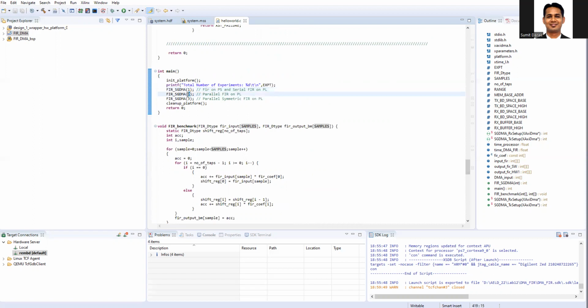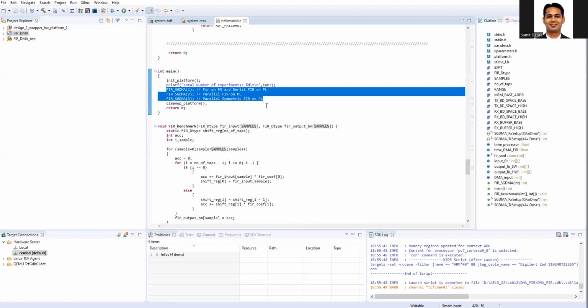Then we will call it again with 2. In this case, we are going to call the DMA which is connected to the FIR LP, where the FIR filter is implemented in parallel, for symmetric as well as non-symmetric. And in the third case, we are going to call the IP which implements the FIR filter only for the symmetric coefficients. For all these things, we assume that the filter coefficients are symmetric.